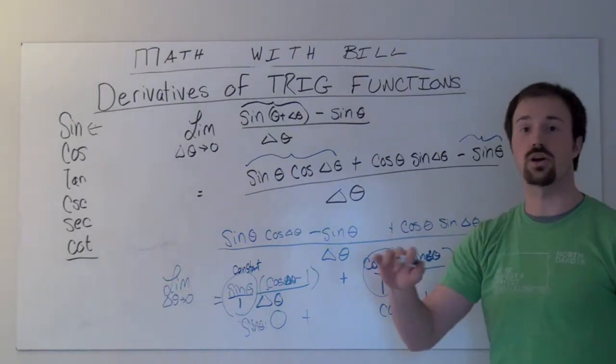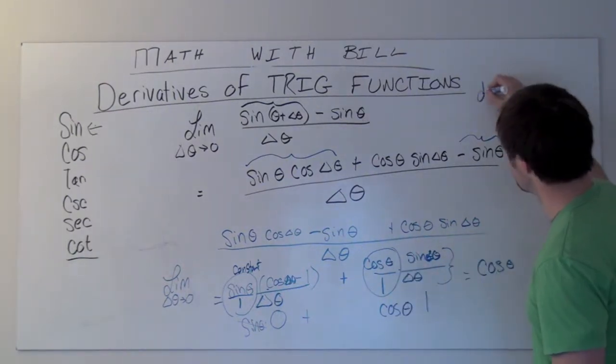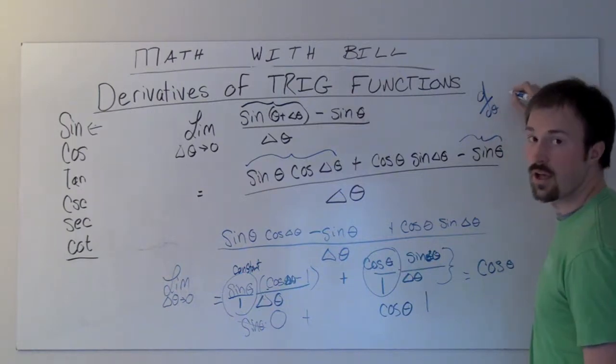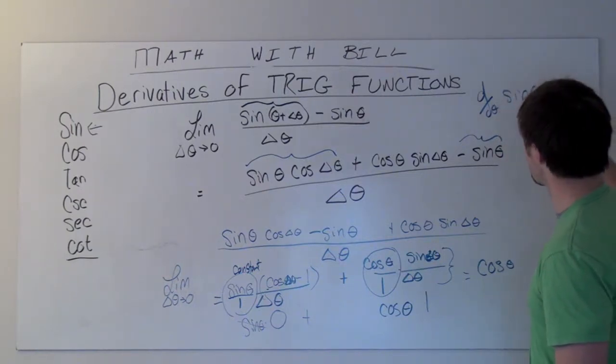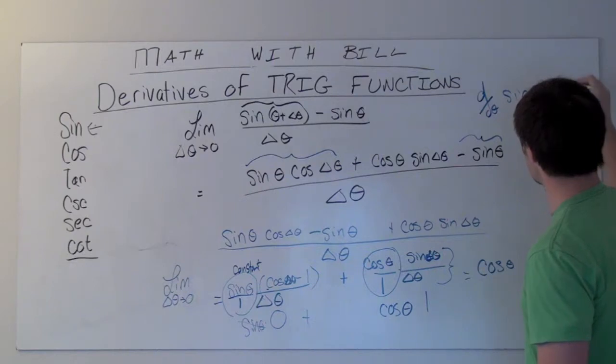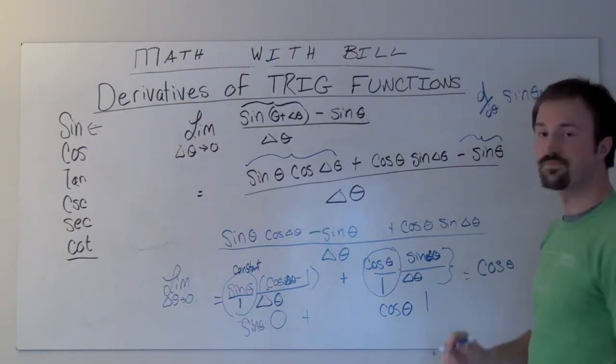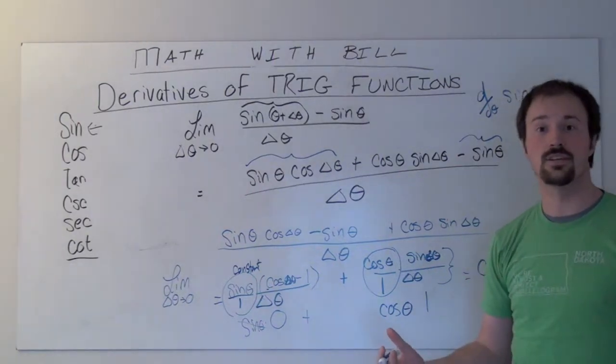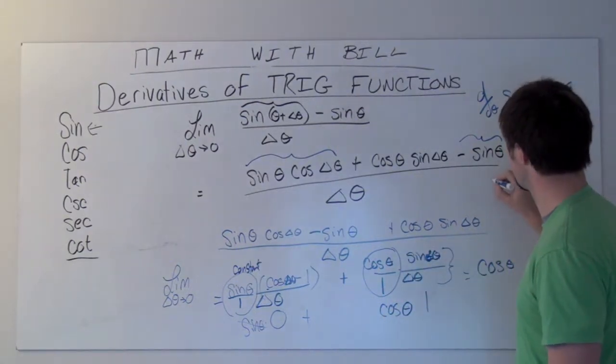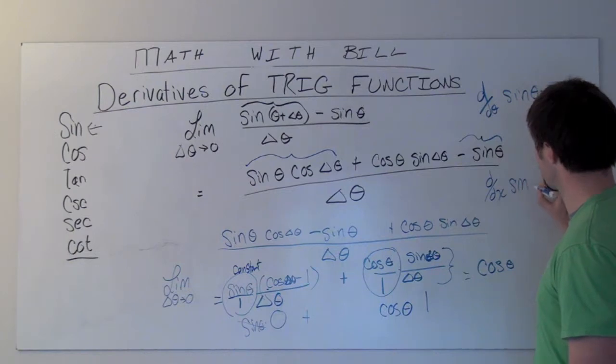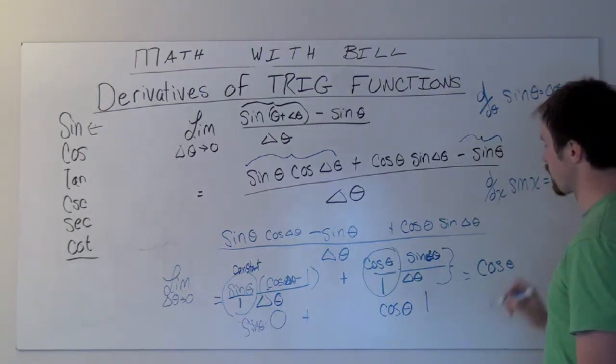Long story short, the derivative with respect to theta of sine theta is cosine theta. If it's sine of x, it would be d/dx of sine x is equal to cosine x.